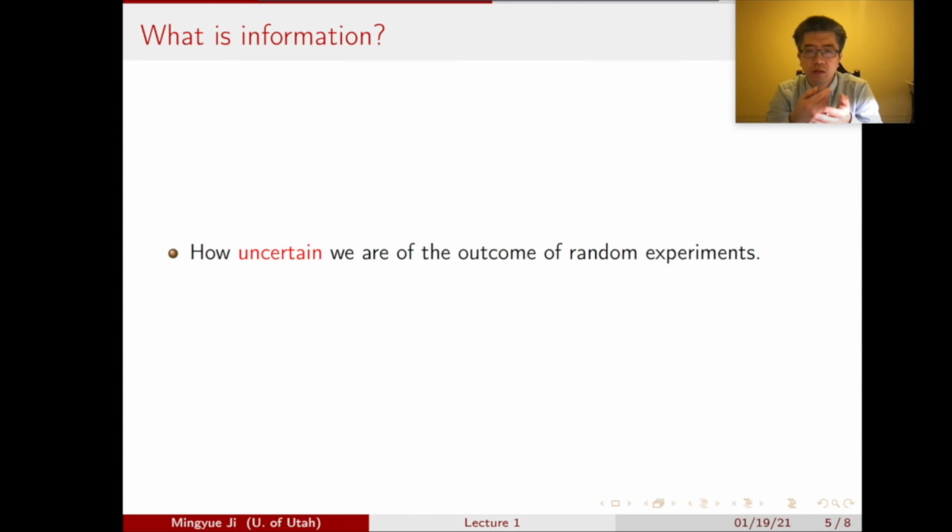In addition, if we have more outcomes rather than fewer outcomes, under the condition that they are uniformly distributed, it also means it's more uncertain, and it contains more information.